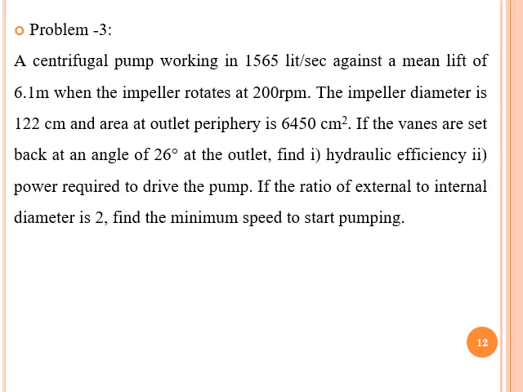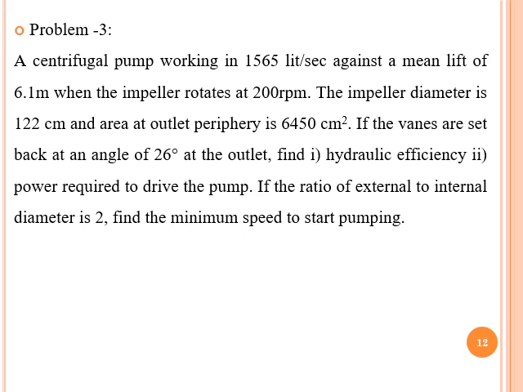Coming to the third numerical. The third numerical is: a centrifugal pump working in 1565 liter per second against a mean lift of 6.1 meter when the impeller rotates at 200 rpm. The impeller diameter is 122 centimeter and the area at outlet periphery is 6450 centimeter square.